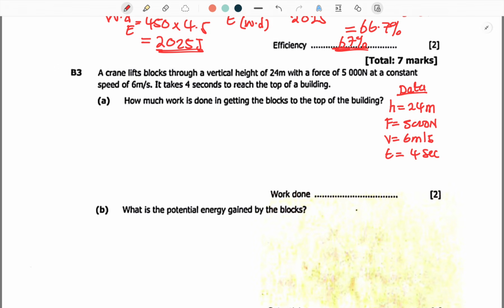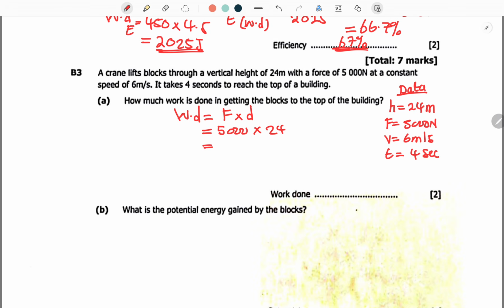Okay, so we will need to calculate our work done first. We know that work done is equal to force multiplied by distance. Your force is 5,000. Your distance is 24 meters.